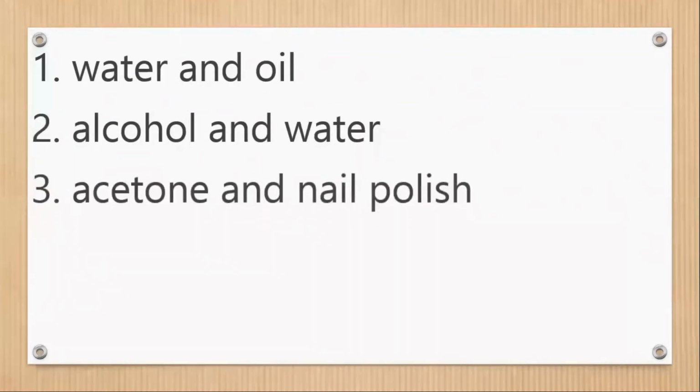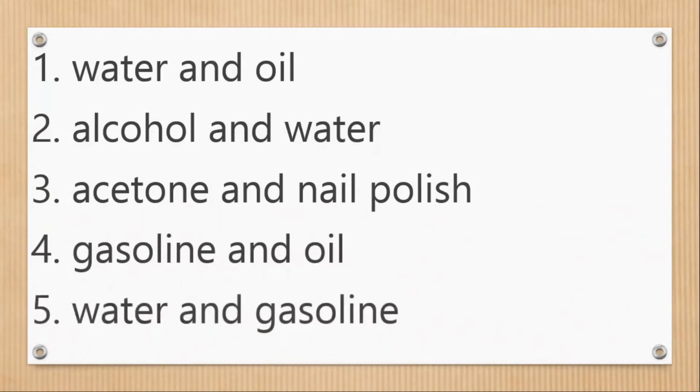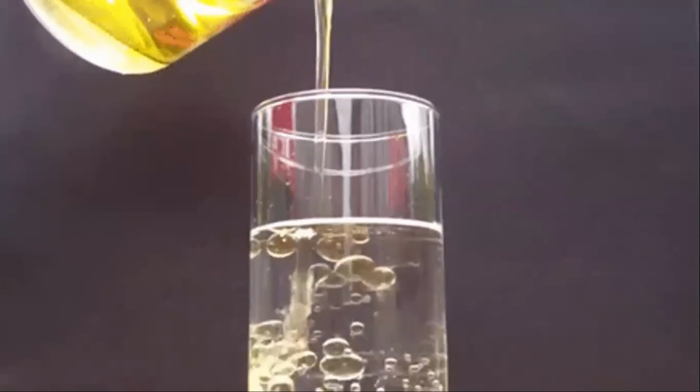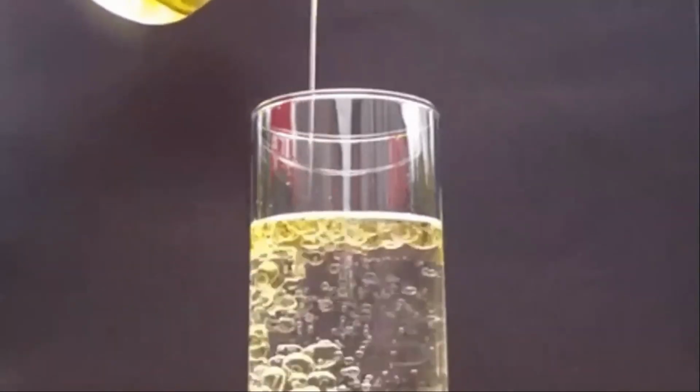What about acetone and nail polish? That is immiscible. Gasoline and oil? They are miscible. And lastly, water and gasoline? They are immiscible.